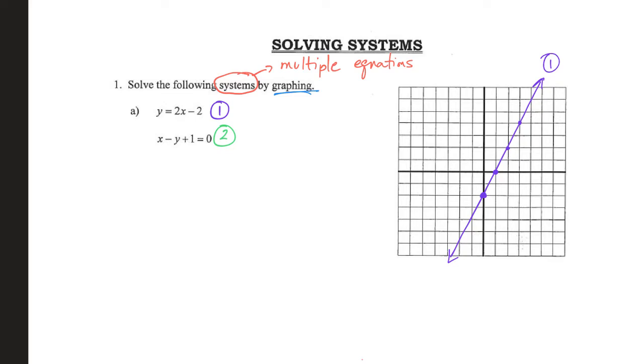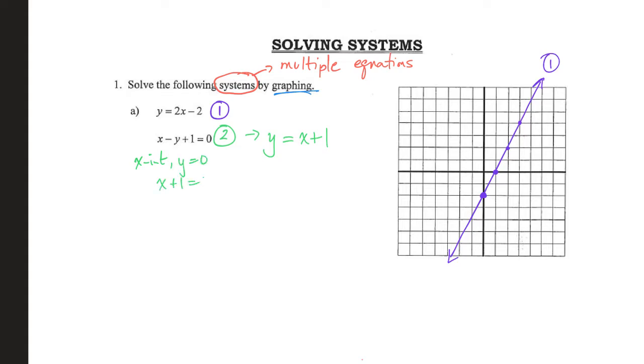Okay, graph 2. I would have had a bunch of people who rearranged equation 2 to get the y all by itself and graphed using the same method. However, just for variety, maybe I had some people that wanted to graph by intercepts. So let's say my x-intercept means my y value equals 0.